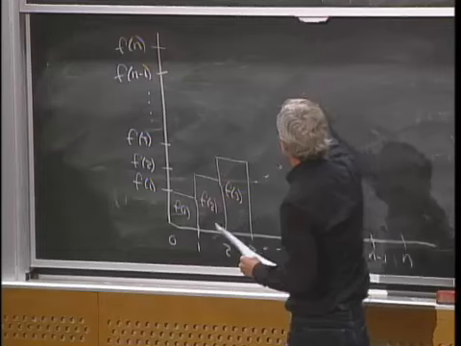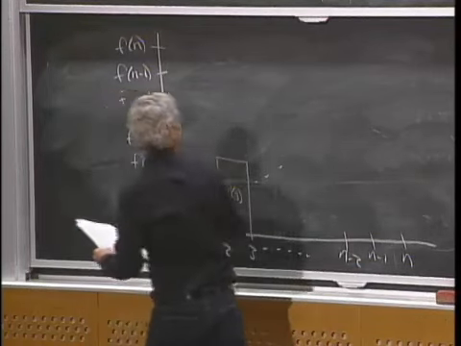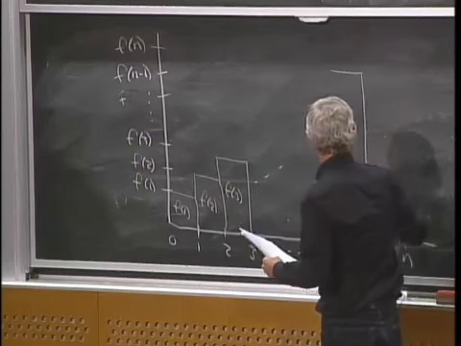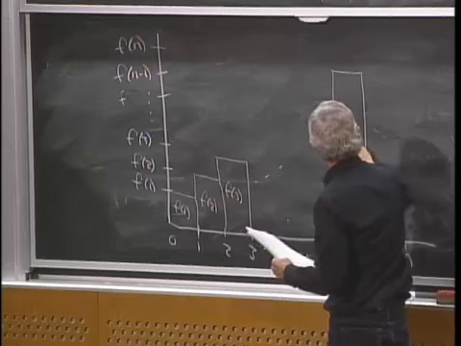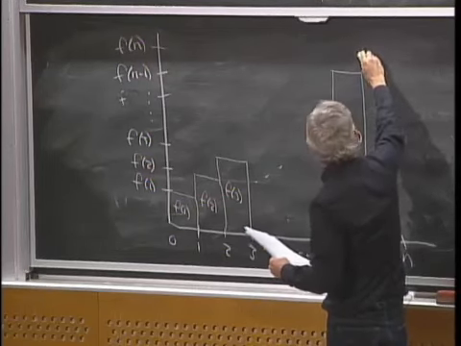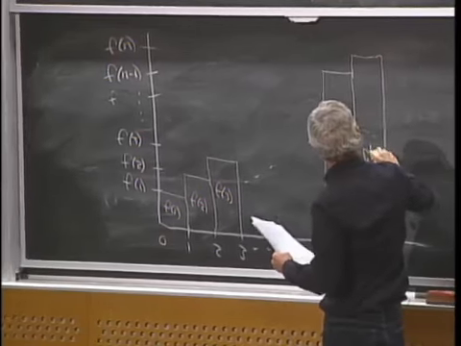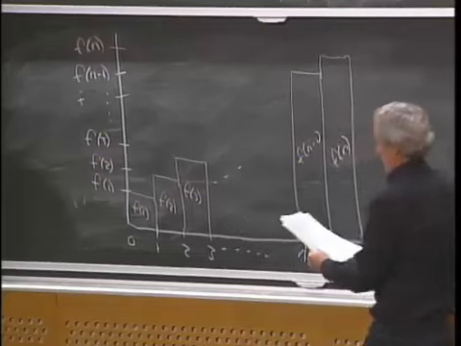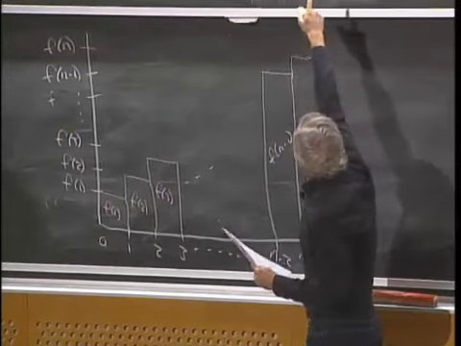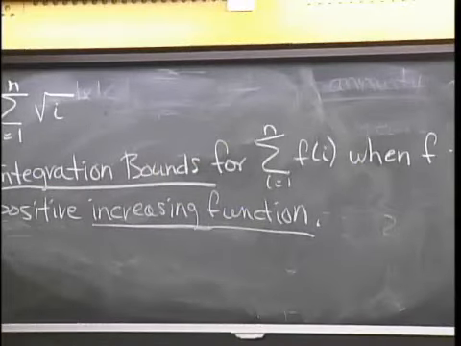This will be f of n minus 2 on this one. I'll just do f of n minus 1. Draw this guy here. So its unit width, its height is f of n minus 1, so its area is f of n minus 1. And then f of n. All right, the sum of f of I is the areas in the rectangles.